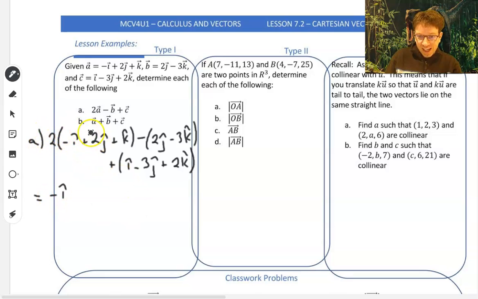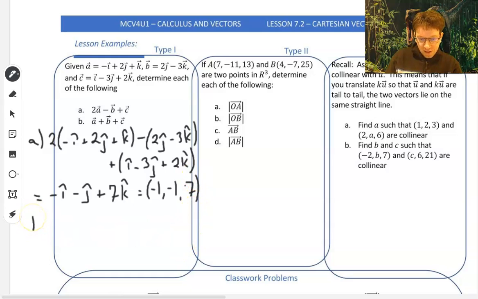Here we have 4j, negative 2j, and over here we have negative 3j. So that just gives us negative j. And here we have k and then a double negative. So k plus 3k plus 2k. Oh, this is 2k. So in total, 2 plus 3 plus 2 gives us plus 7k. And if we were asked to, we can write that as a coordinate: -1, -1, and 7.